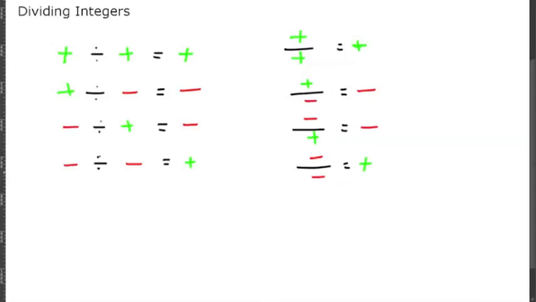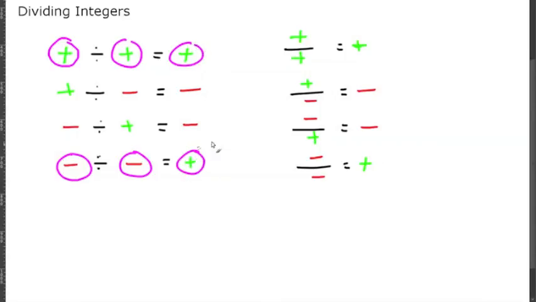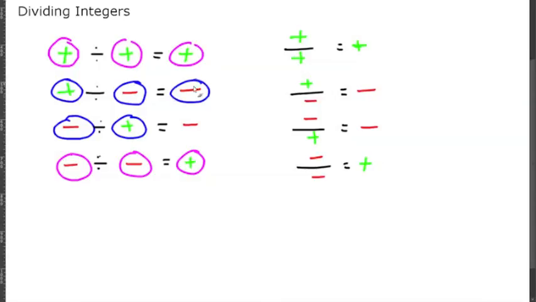So, just like when we were multiplying, if the dividends have the same sign, the quotient is going to be positive. And if the dividends have opposite signs, the quotient is going to be negative.